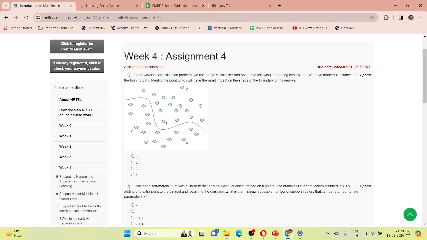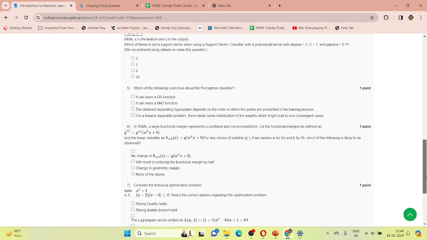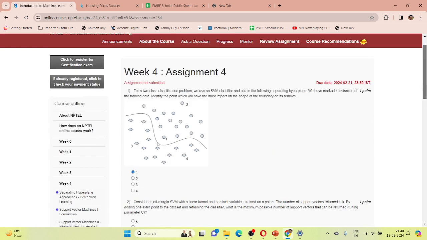This is one answer. Simple enough, right? That point defines the margin which I am trying to maximize. If I remove that point, then the margin is going to be defined by some other point. So this is it, right?